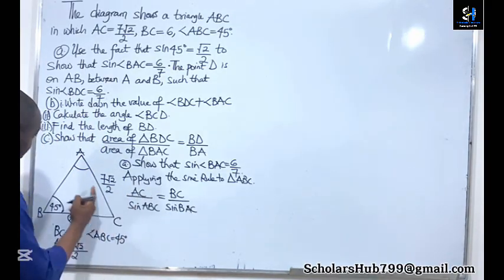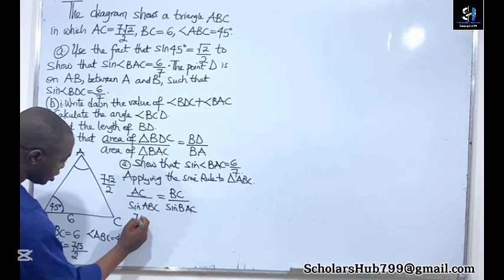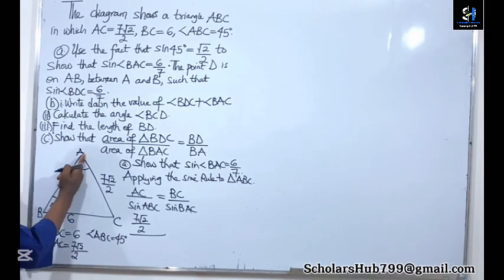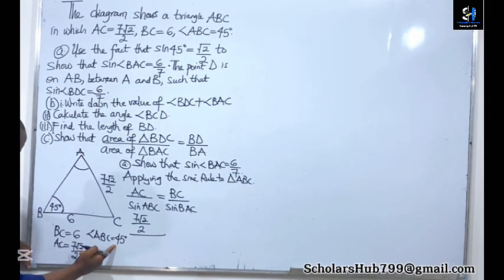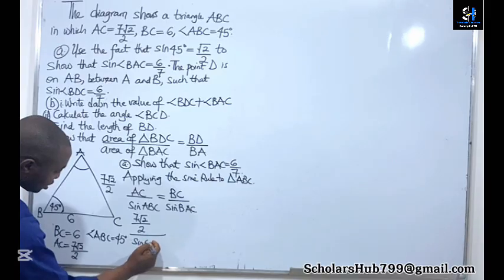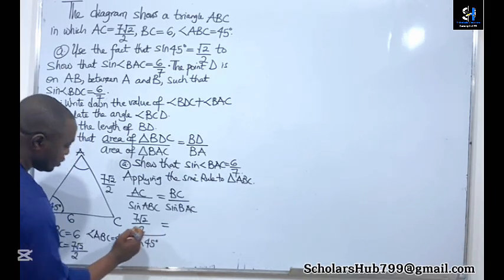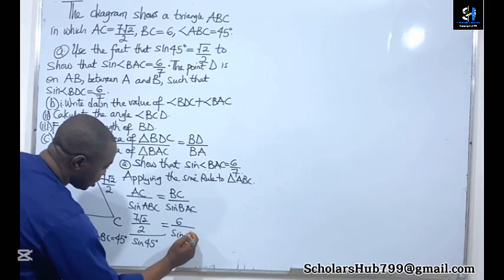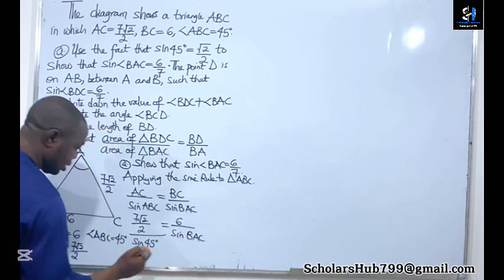Side AC is 7 root 2 divided by 2, over sine ABC, and ABC is 45, so that is sine of 45 degrees. Then side BC, that is 6, divided by sine of angle BAC.